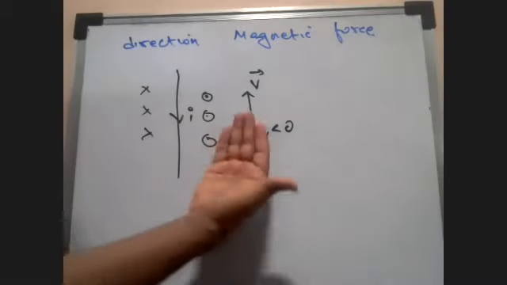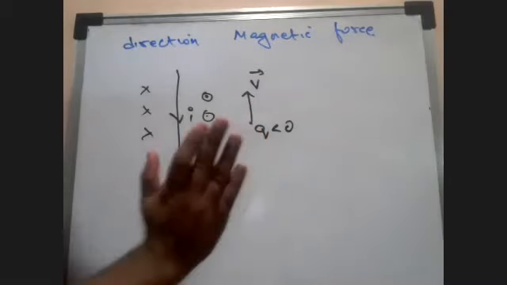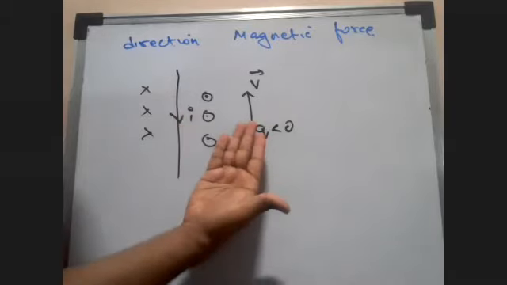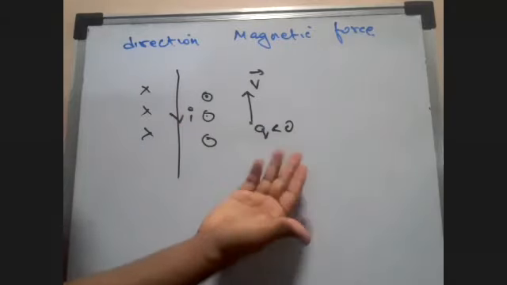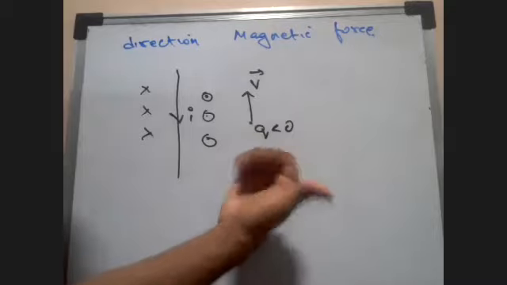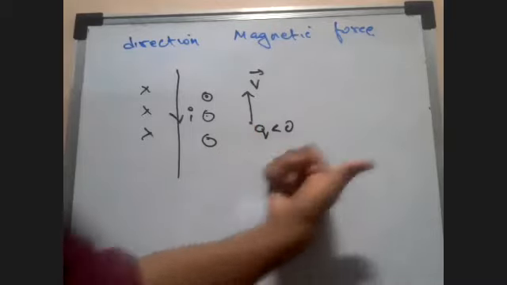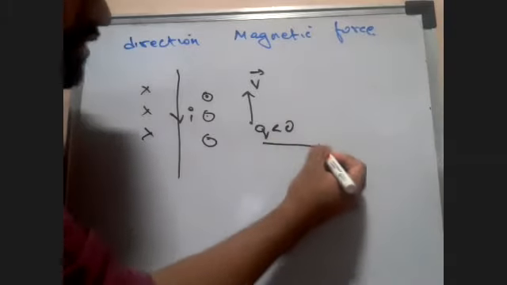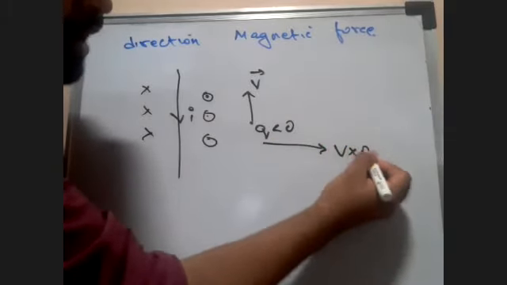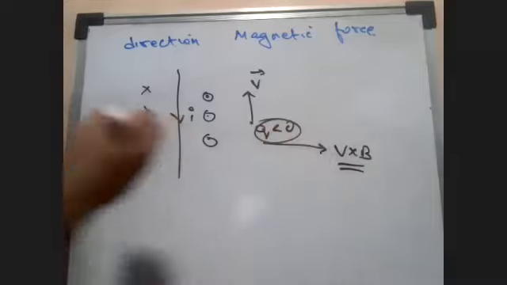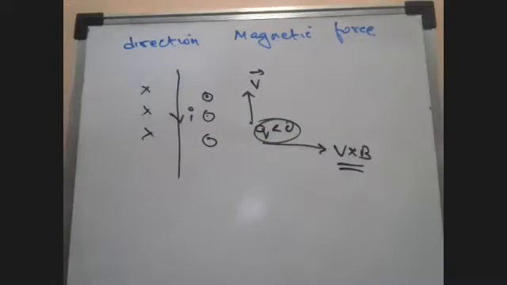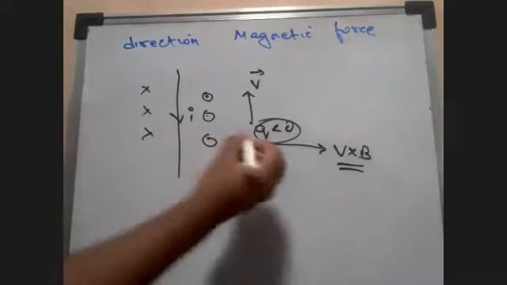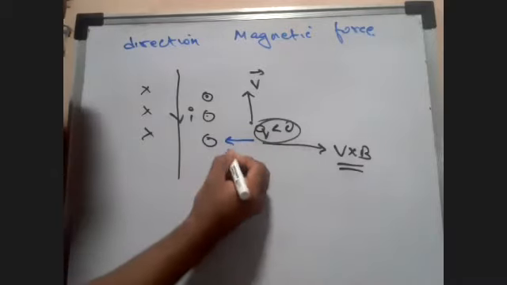Always do V, velocity, cross with the magnetic field. So it is like this. In that case, my V cross B is coming here. But the condition here is Q is smaller than 0.